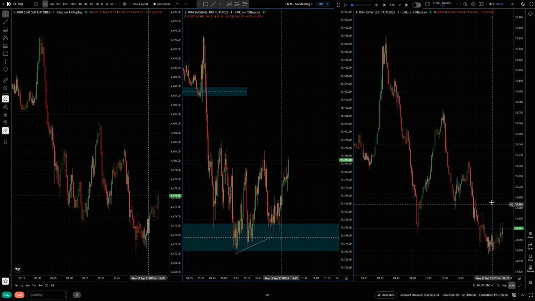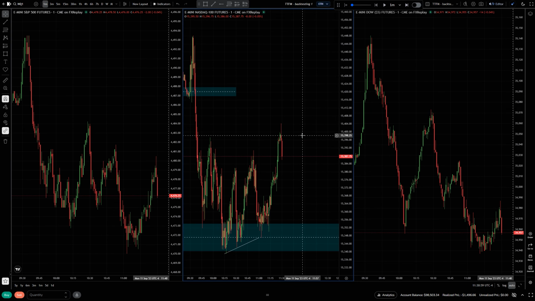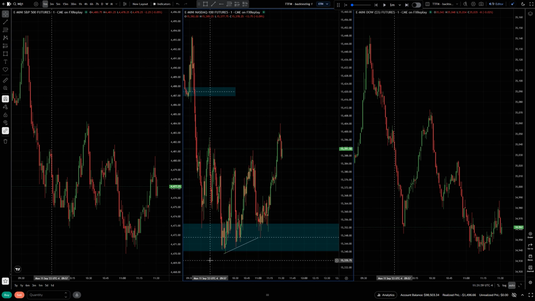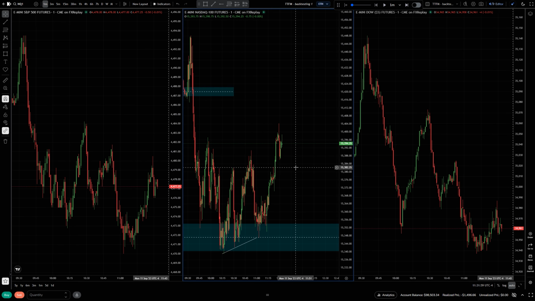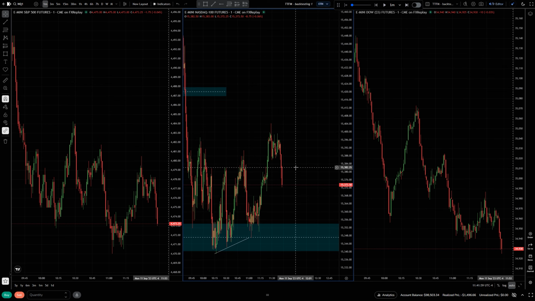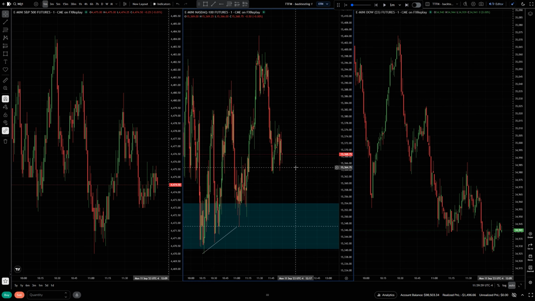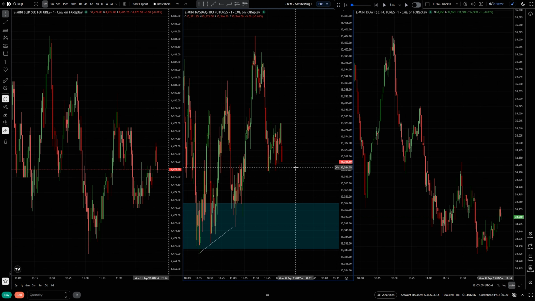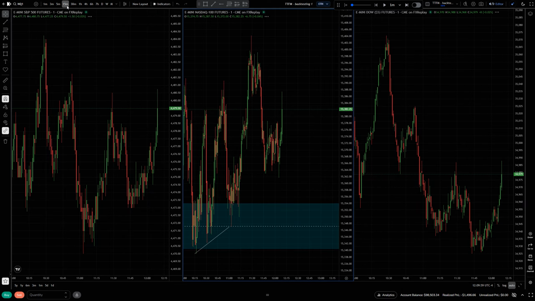But I want to see some strength into YM as well, not only on NQ, because this might just be a fake move and we dump lower to these failure swings created here. For now, I don't like it. We have to see something happen on YM, and I like this.